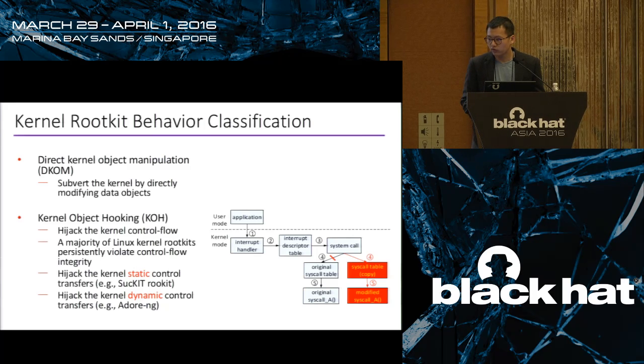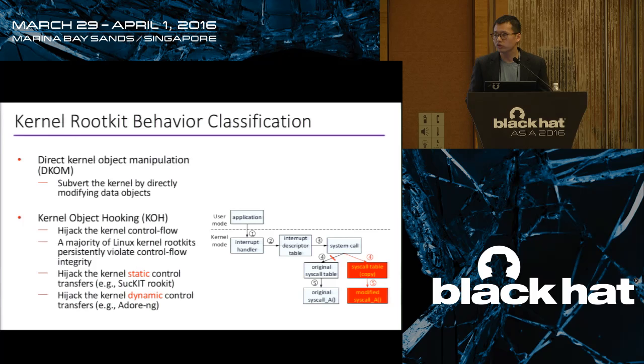The diagram shows one example of how a rootkit is going to affect your system. For example, you have an application running in user mode, and it triggers a syscall using the int 80 instruction. The execution then switches to the interrupt table, and the system looks up the interrupt descriptor table.